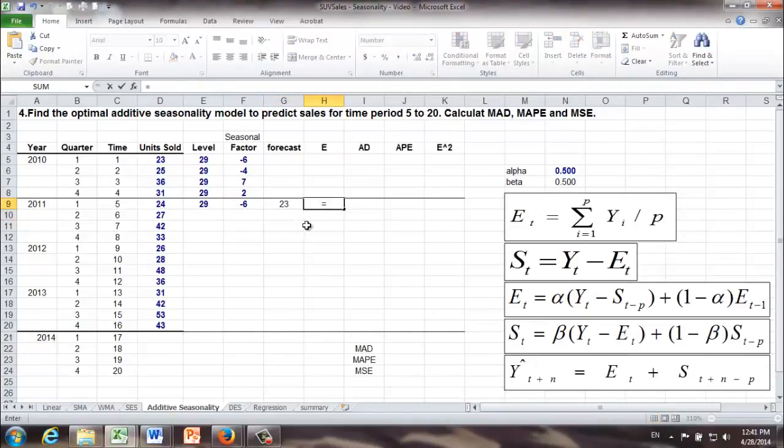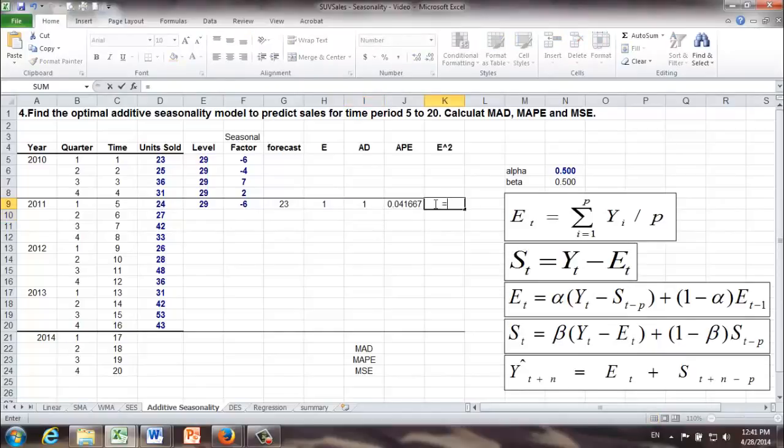And let's take care of the regular stuff. Forecast error will be equal to actual sales minus forecasts. And absolute deviation will be the absolute value of forecast error. And APE will be absolute value of forecast error divided by the actual sales.